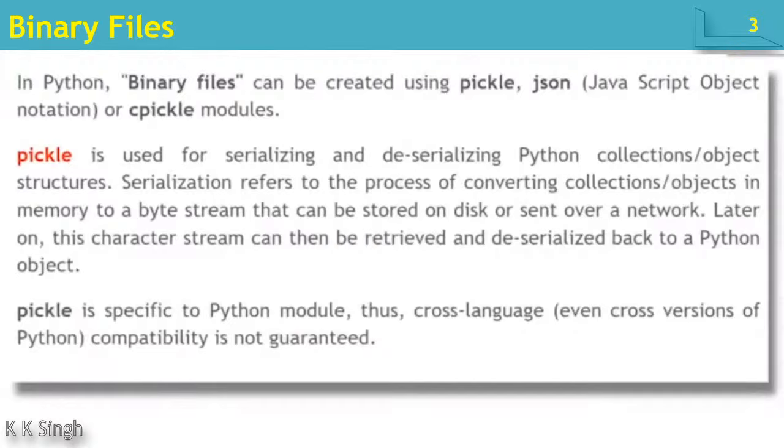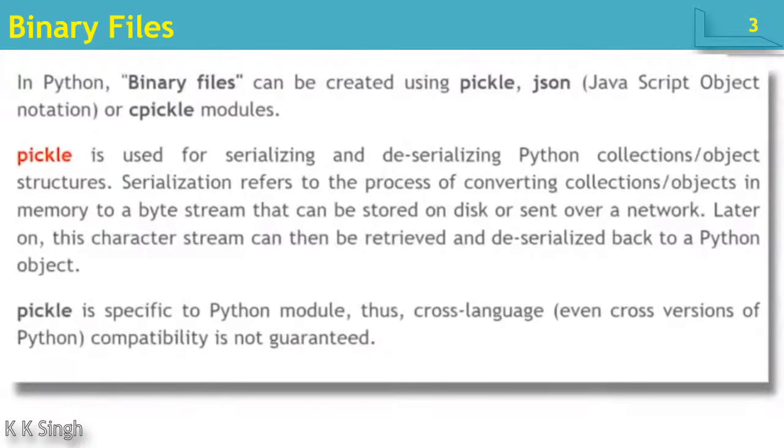Pickle is used for serializing and deserializing Python collection object structures. Serialization refers to the process of converting collection objects in memory to a byte stream that can be stored onto disk or sent over a network. Later on, this byte stream can be retrieved and deserialized back to a Python object.